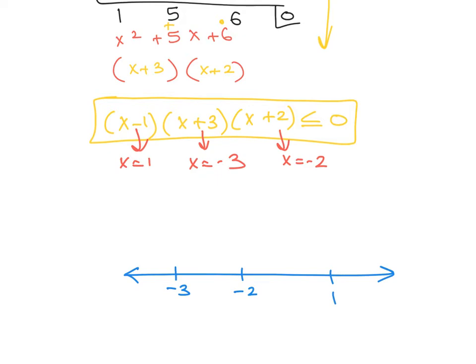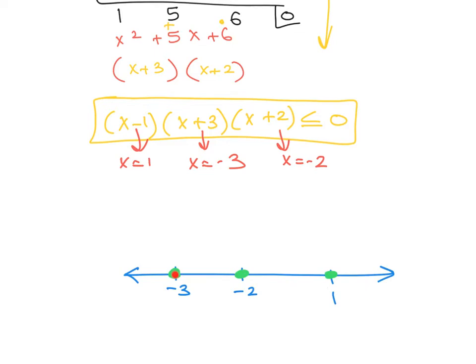Now, do I need those roots? Are these included in my solution? Because it is less than or equal, then yes, they are included in my solution. And I'm going to put a closed circle on them so I remember that I need to include them. Now I need to know what part of the number line I need to take.